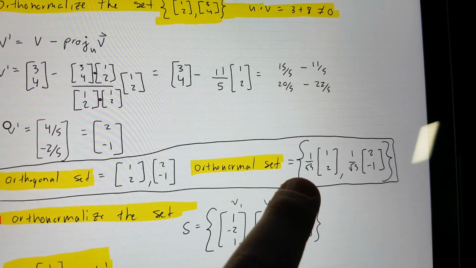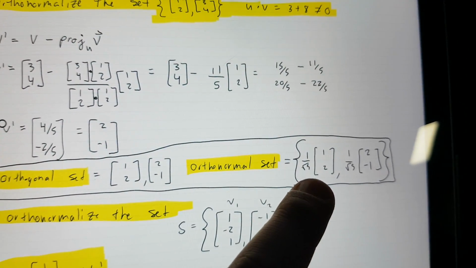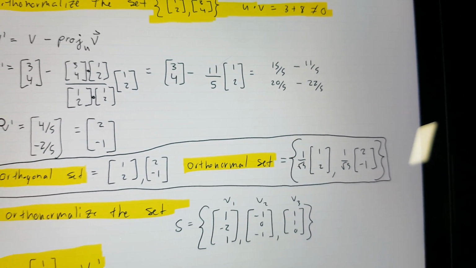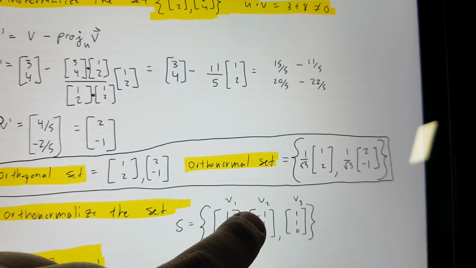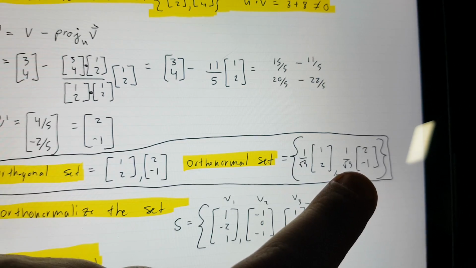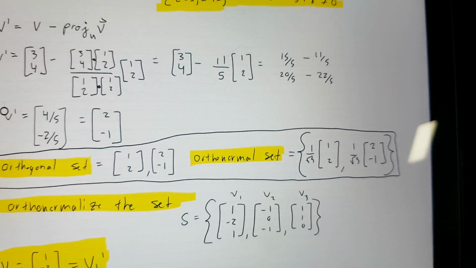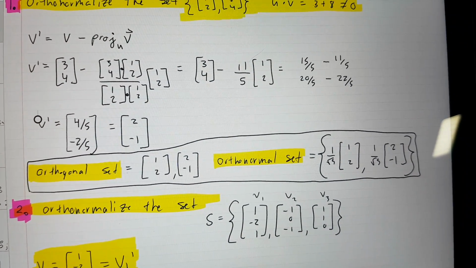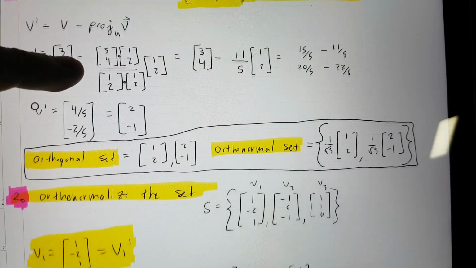So the square root of 5 in this case, because it's 1 squared plus 2 squared, all square rooted. Same with this one, it has the same kind of components. So that's the recipe. That's as simple as it gets.